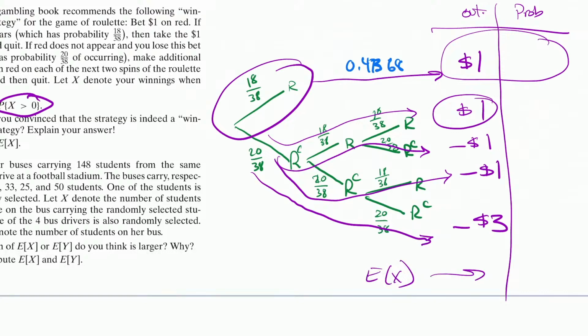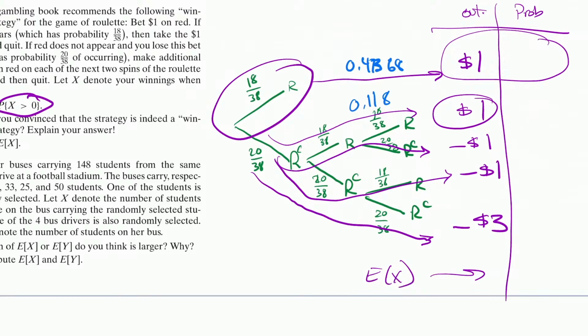Yeah, you're right. 20 divided by 38. Can't trust me with a calculator, even the one here. Times 18 times 18 over 38. Ooh, 11%. Wow. Ah, I see.